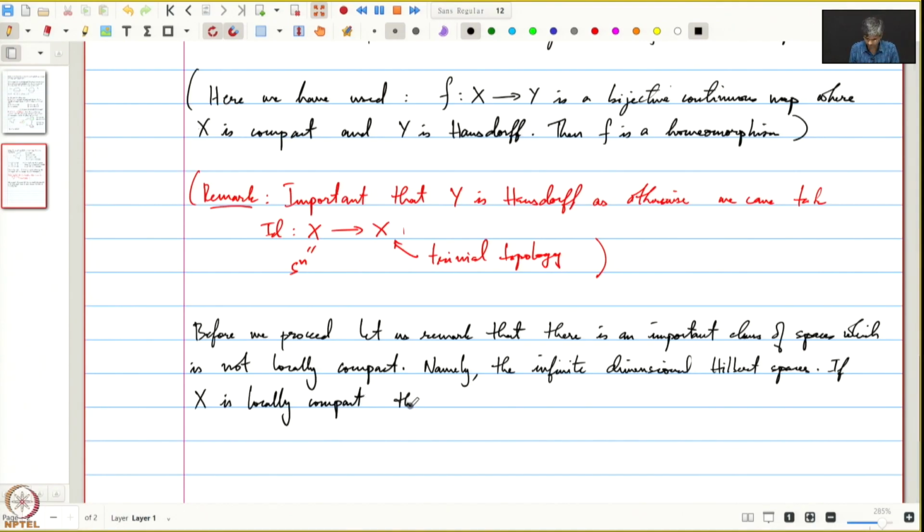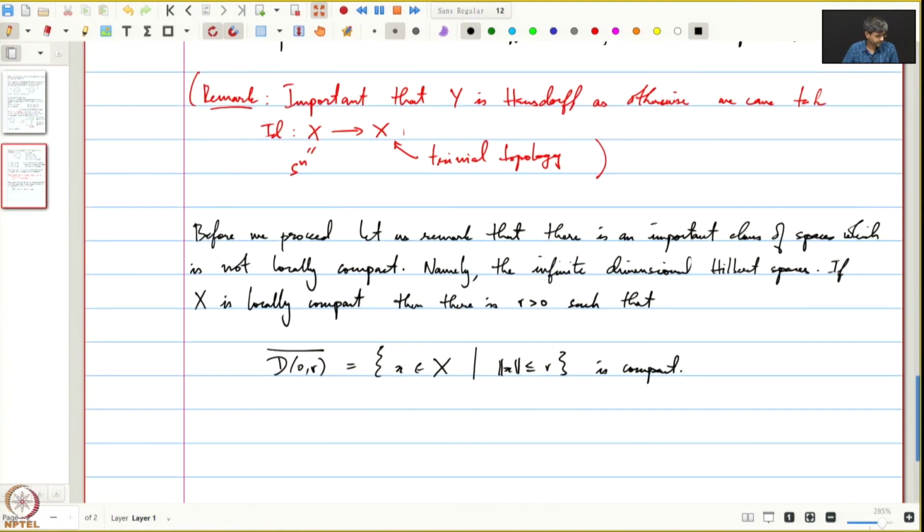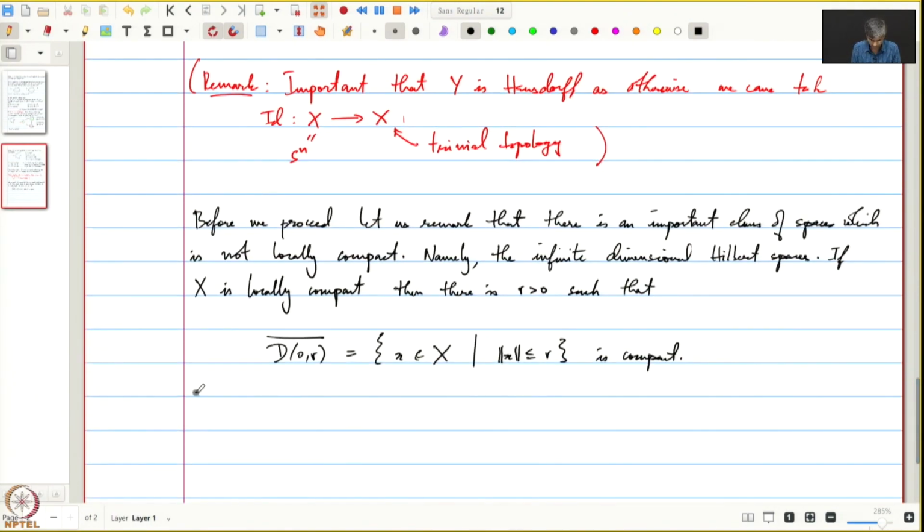So if X is locally compact, then there is an R positive such that the closed ball of radius R around the origin, those x in X such that the norm of x is less than or equal to R, is compact. But this is not possible.